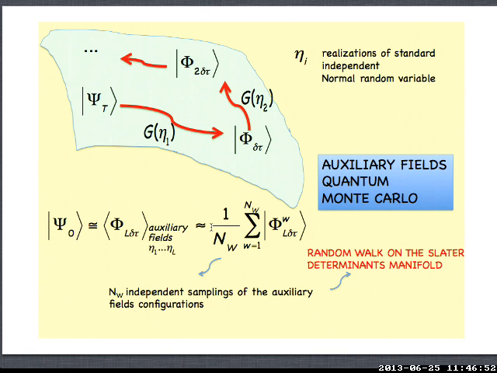And this is itself an algorithm to sample the ground state, because one simply has to sample uniformly distributed and Gaussian random variables, the simplest possible case, and one has the ground state.